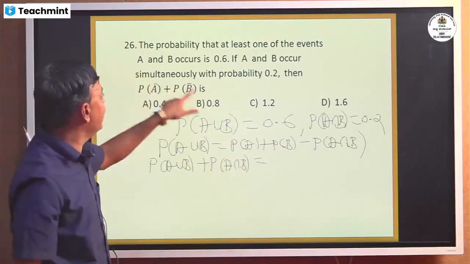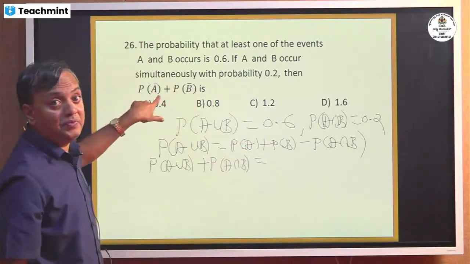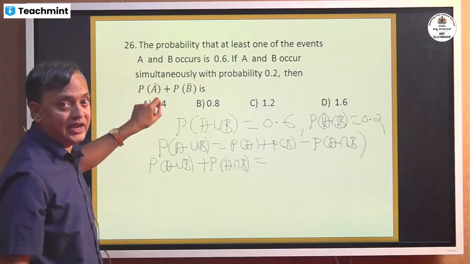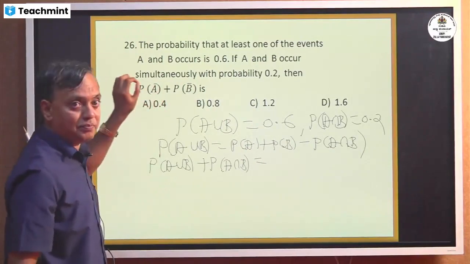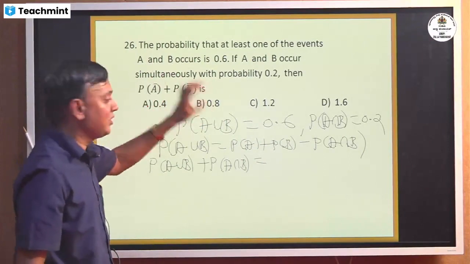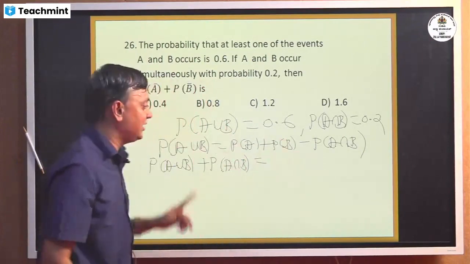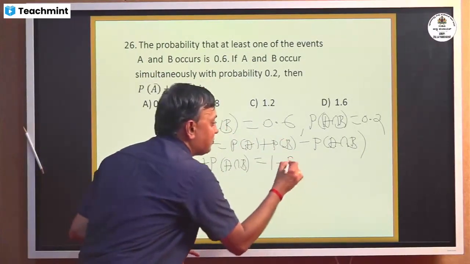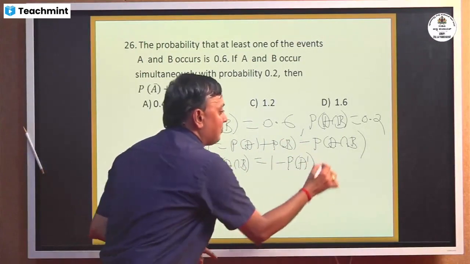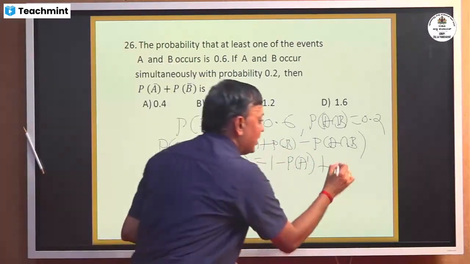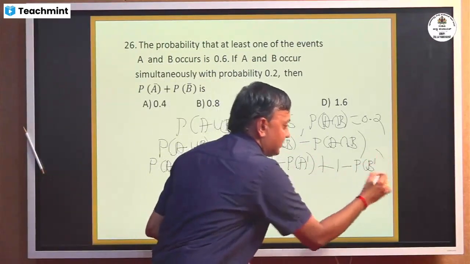Here we want P of A dash, A bar means A dash means not A. We want probability of not A plus probability of not B. Here P of A and P of B are there, so P of A is 1 minus probability of not A, and P of B is 1 minus P of B dash.